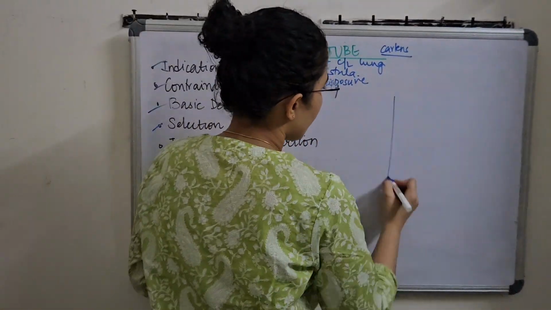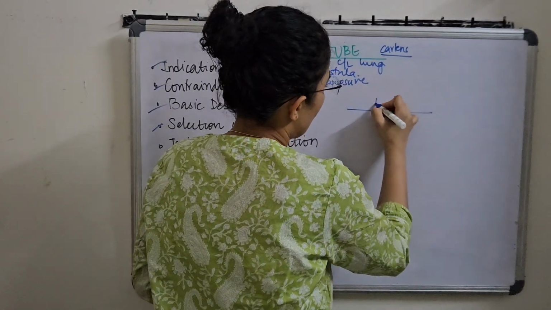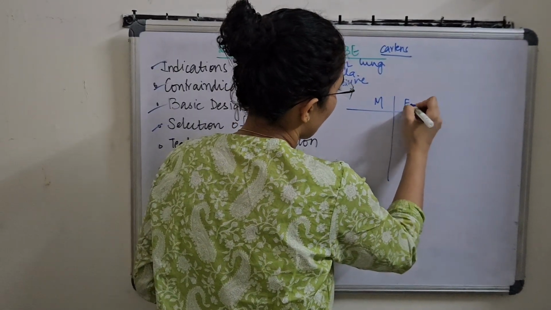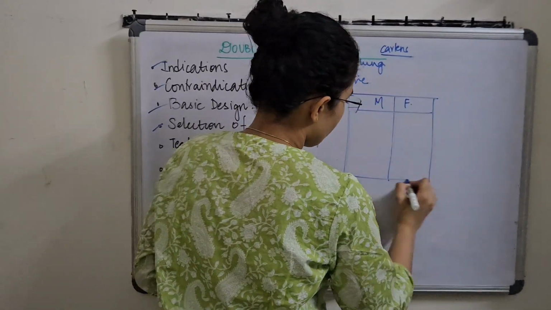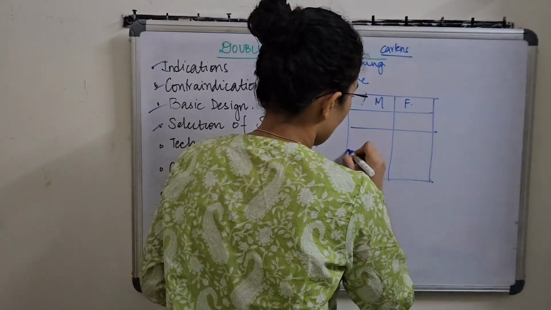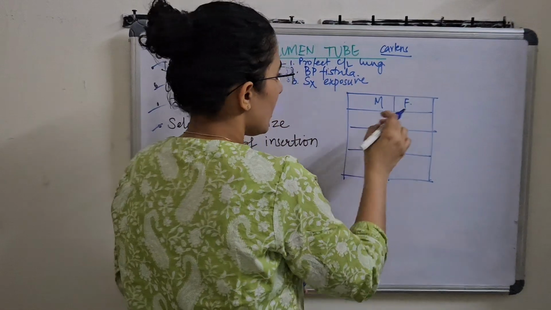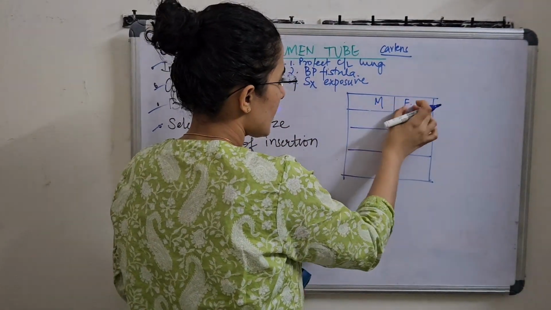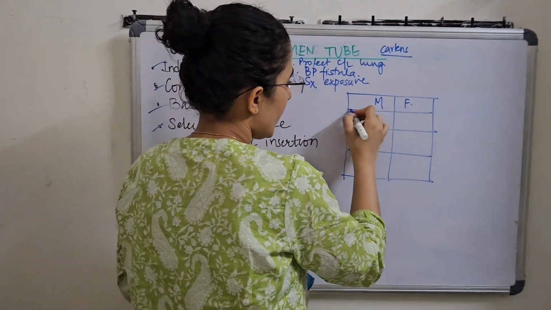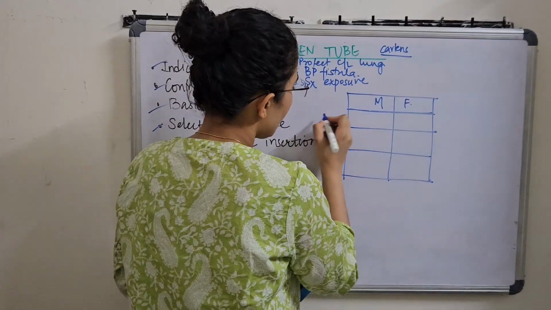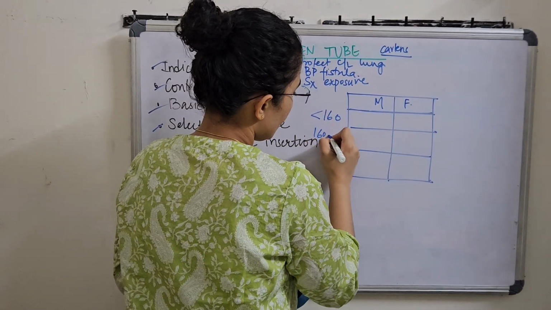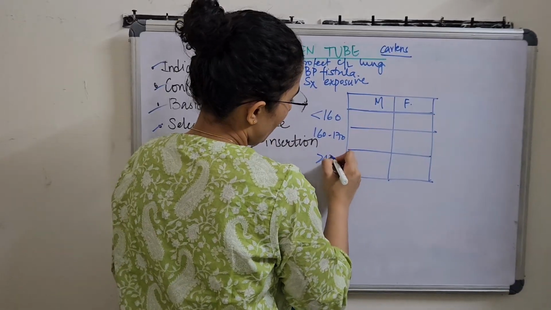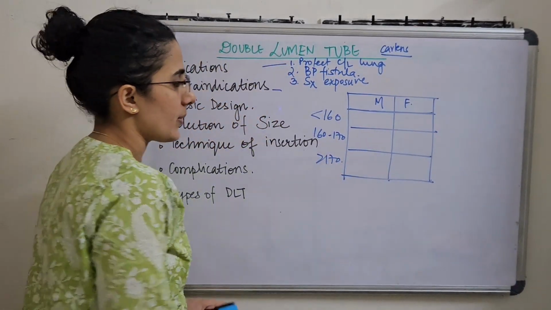So based on the sex and height of the patient, I'll tell you one technique to remember. One row may be for males, one for females. This is the sex of the patient and then the height of the patient: less than 160 centimeter, 160 to 170, and more than 170 centimeter.